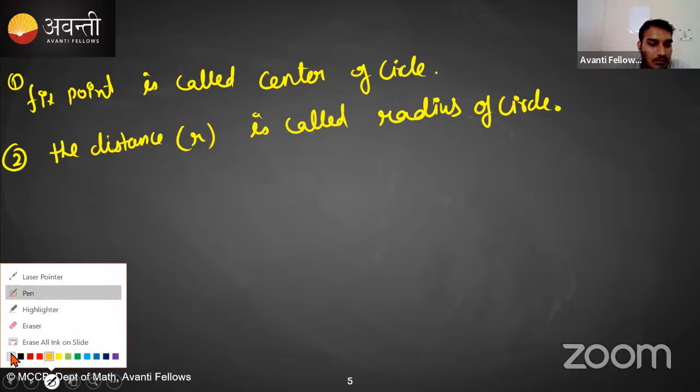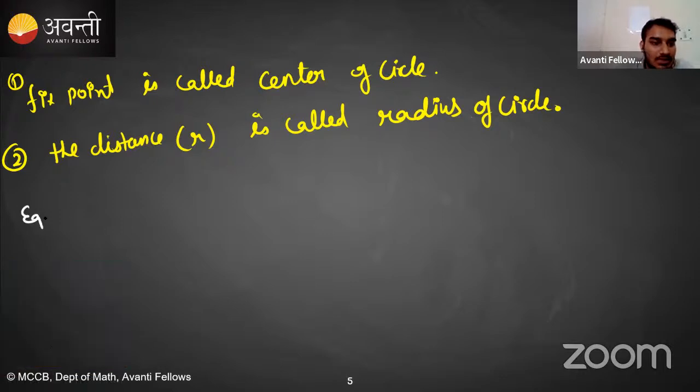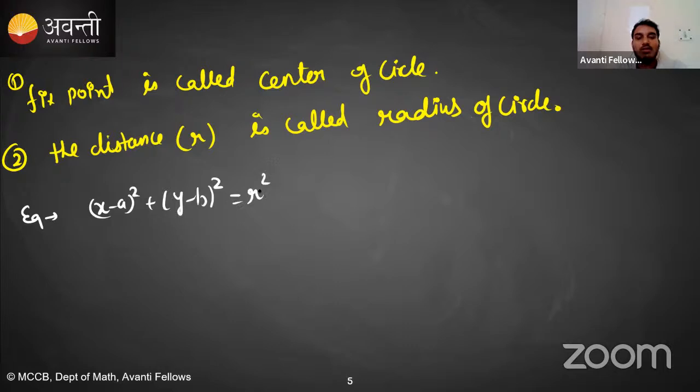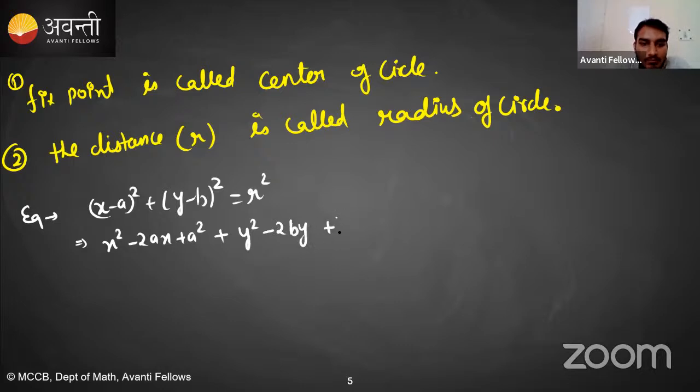First of all, the circle equation we got is (x minus a) whole square plus (y minus b) whole square is equal to r square. This is the equation we got. So expand this equation: x square minus 2ax plus a square, plus y square minus 2by plus b square is equal to r square.